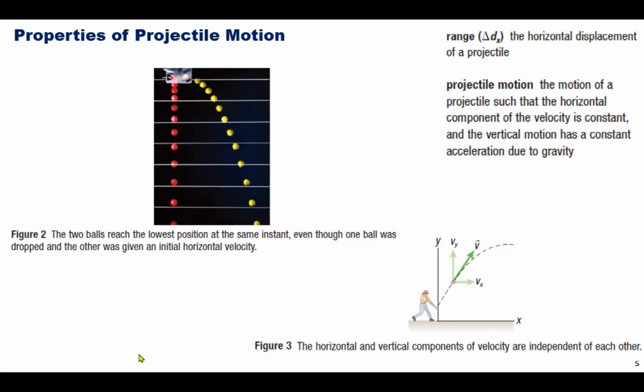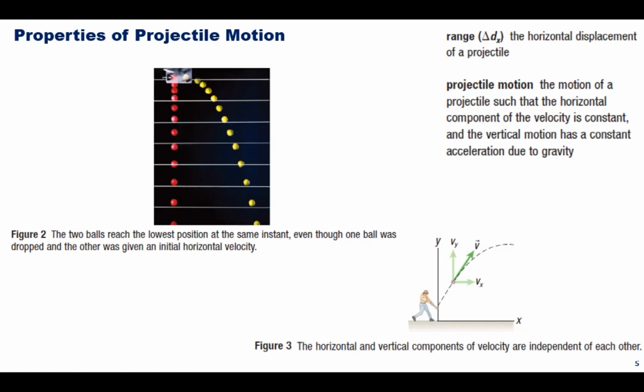So here, as shown in figure 3, this figure shows a basketball player hitting a fly ball and the path it follows. You can see that the horizontal velocity Vx is independent of the vertical velocity Vy. You can also see this result in the strobe images in figure 2.